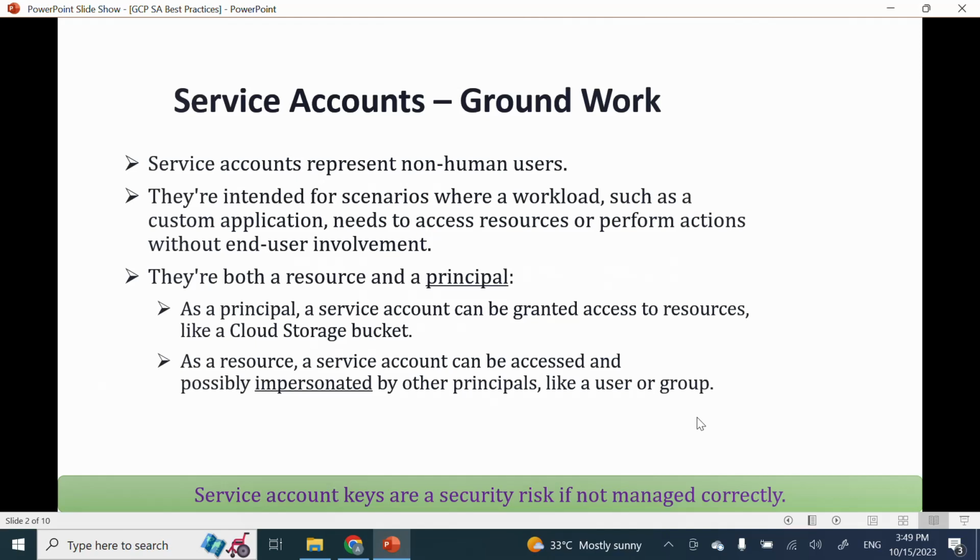They are both a resource and a principal. As a principal, a service account can be granted access to resources like a cloud storage bucket. As a resource, a service account can be accessed and possibly impersonated by other principals like a user or a group.